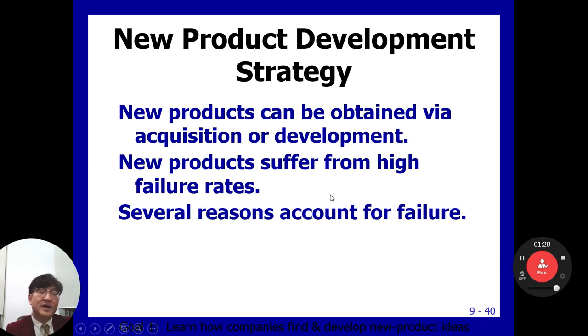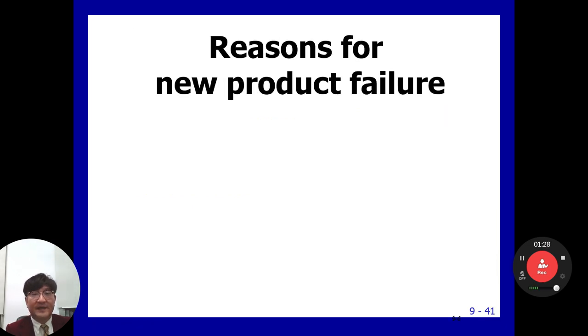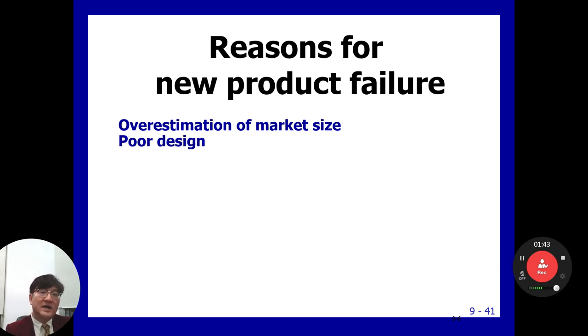Like I said, new products suffer a high failure rate. There are several reasons for that. First of all, maybe the marketer overestimated the market size. In other words, there is not enough demand for your product, but they thought there was enough demand. Or there is poor design or incorrect positioning.